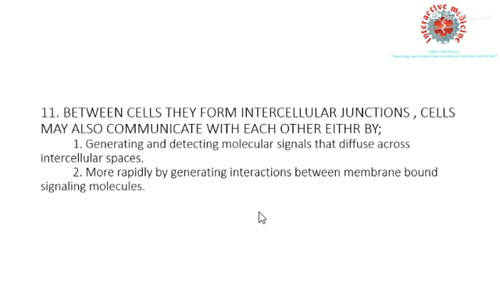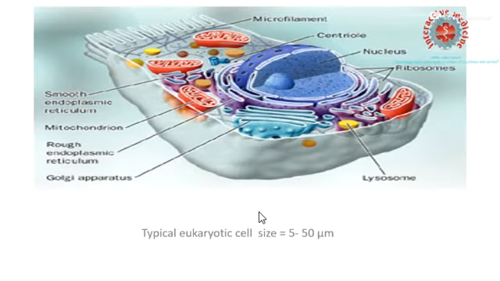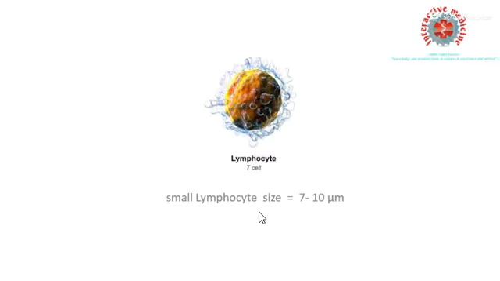Friends, I stop with saying some cell sizes. Here we can see the typical eukaryotic cell size, 5 to 50 micrometer, and here is the small lymphocyte size, 7 to 10 micrometer.